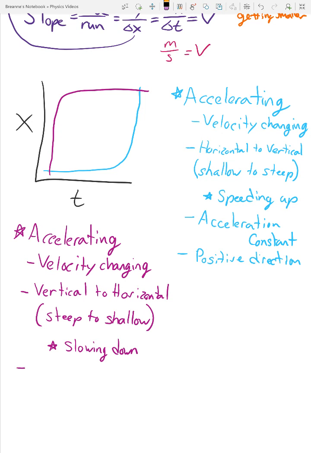Our acceleration is still constant because it will always be constant. But what direction are we going? So again, we're going up the graph, so we're still moving in the positive direction.